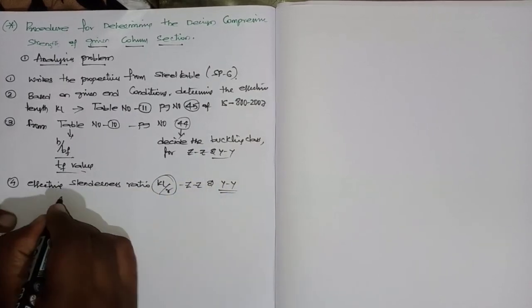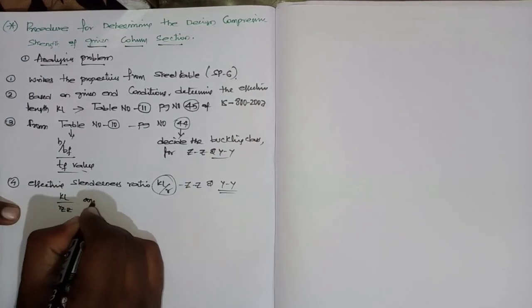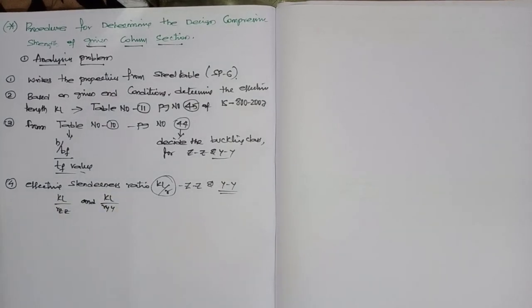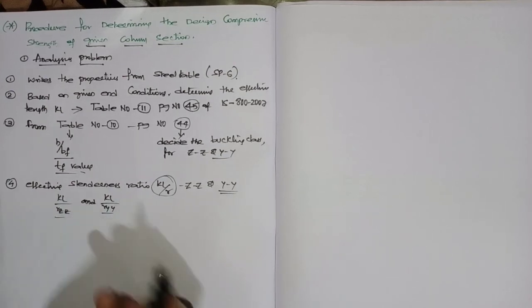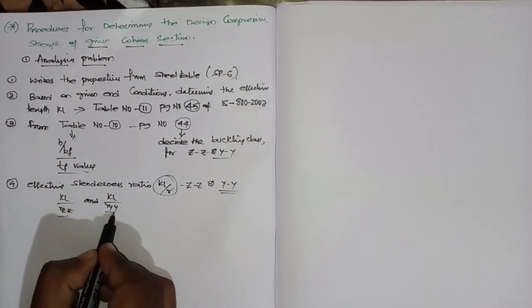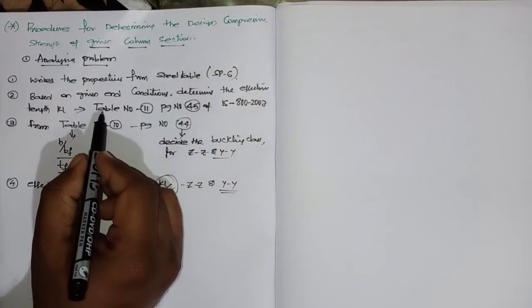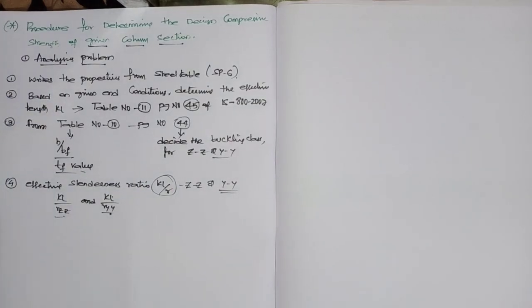That is KL by rzz and KL by ryy. You have to calculate these. These values can be obtained from the steel table, and this is based upon step 2, right?